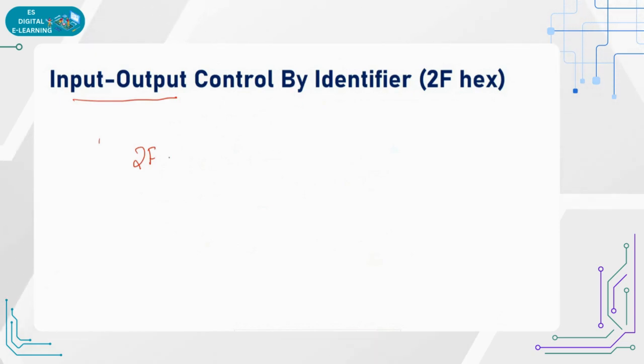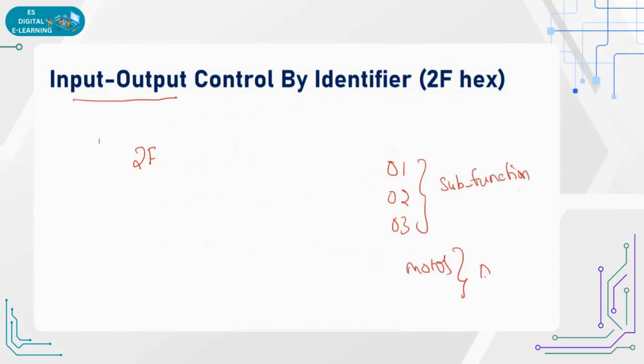What exactly operation you should perform, whether you need to rotate, turn off, or freeze, will be part of the sub functions. And for the ID, because a motor or any solenoid has specific DIDs, that will be part of the identifiers. Here my DID is 2 bytes of data.